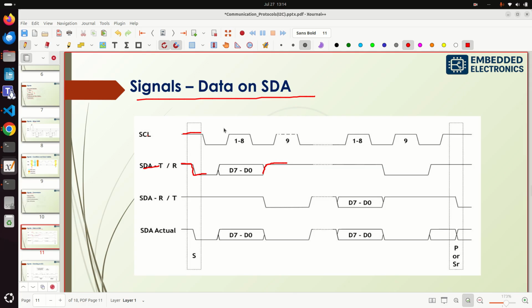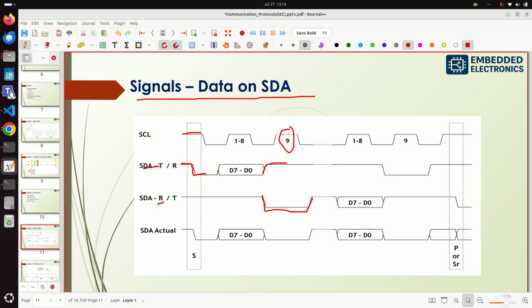At the 9th clock pulse, the receiver has to give the acknowledgement. So this is the receiver. How will it give the acknowledgement? By pulling the line low. Here you can see the receiver giving the acknowledgement, pulling the line low at the 9th clock.